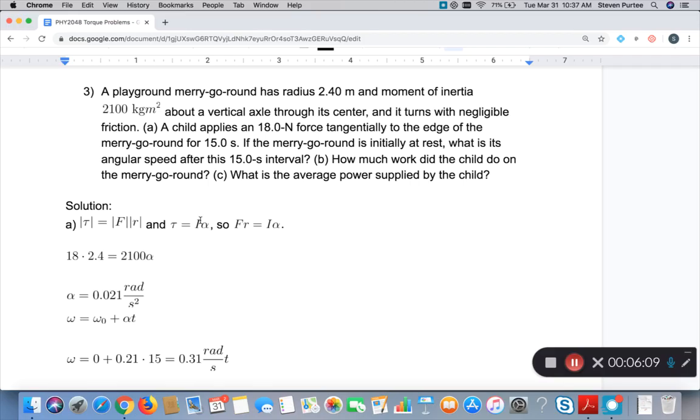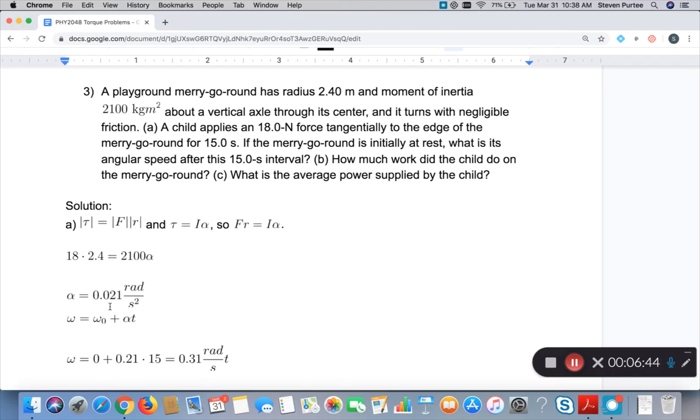There are 2 different formulas we have for torque here. Torque is force times distance times sine of the angle, but we're at 90. And torque is I alpha in magnitude. So setting those equal, force times distance must equal I alpha. We have our force, 18. We have our radius, that's our distance from our axis of rotation to where the force is applied, which will equal I times alpha.